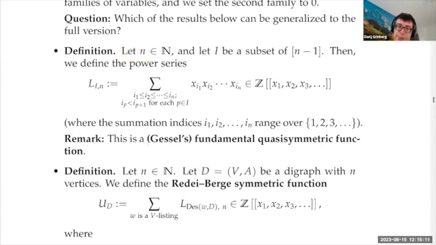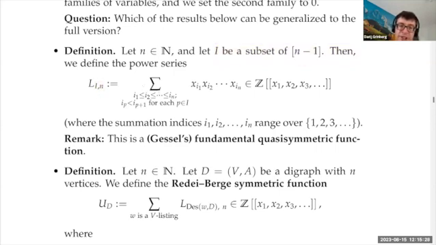First of all, I define something that's known to a lot of you. Let me see, maybe to all of you, maybe not. Let me quickly go over this. n is a non-negative integer. I is a subset of [n-1], where [n] means the first n positive integers.